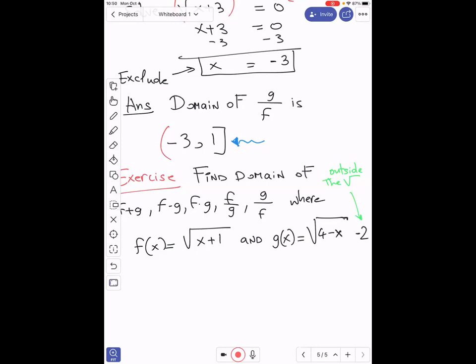Yes, Jaffer, excellent. So that would be the domain of f over g. Yes, very good.